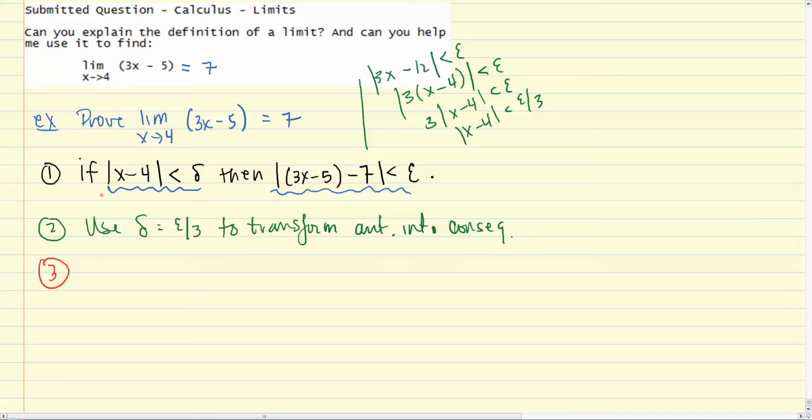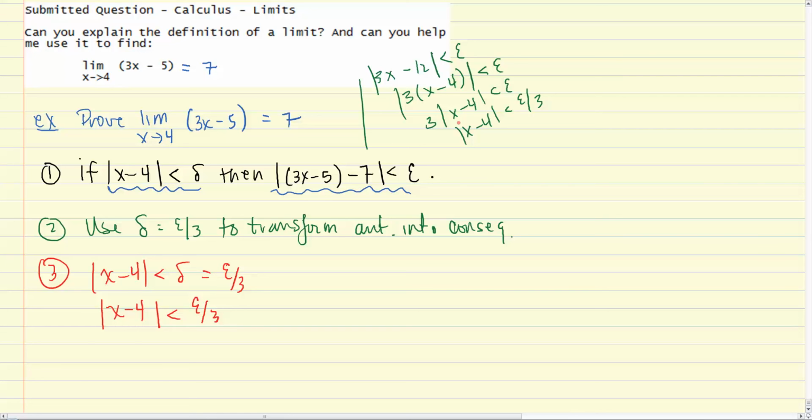Finally, let's actually transform it, starting with the antecedent. Start with the absolute value of x minus 4 is less than delta, which is equal to epsilon over 3. So the absolute value of x minus 4 is less than epsilon over 3.